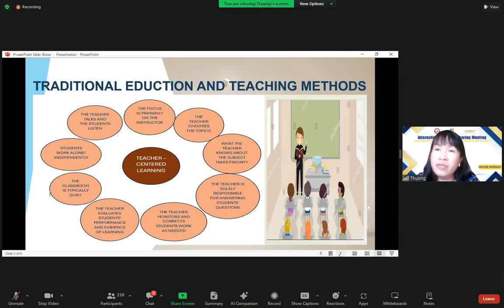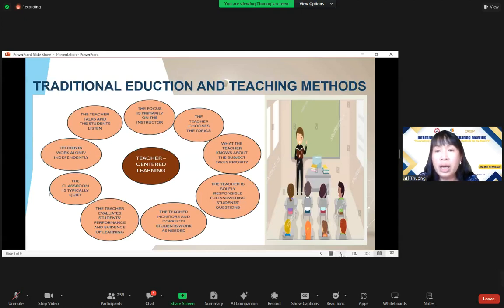So the universities, the education institutions, and the whole society have to think about how to change the methods in education and teaching to meet the requirements of modern societies.